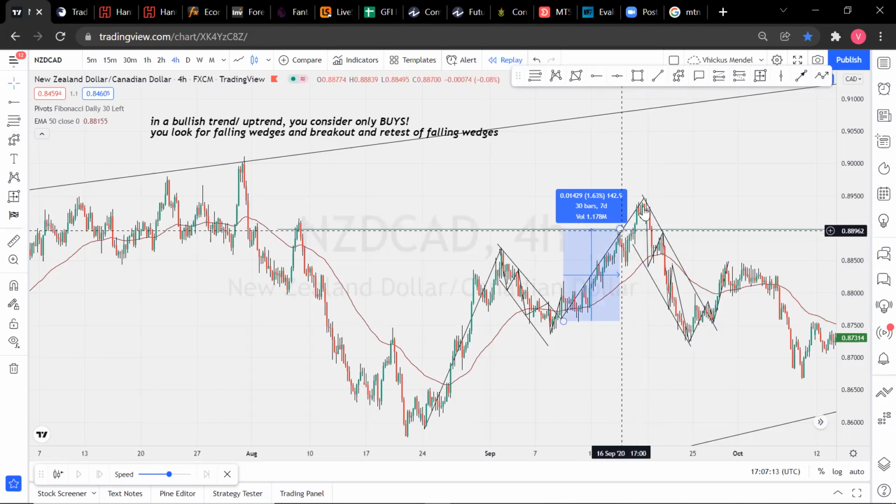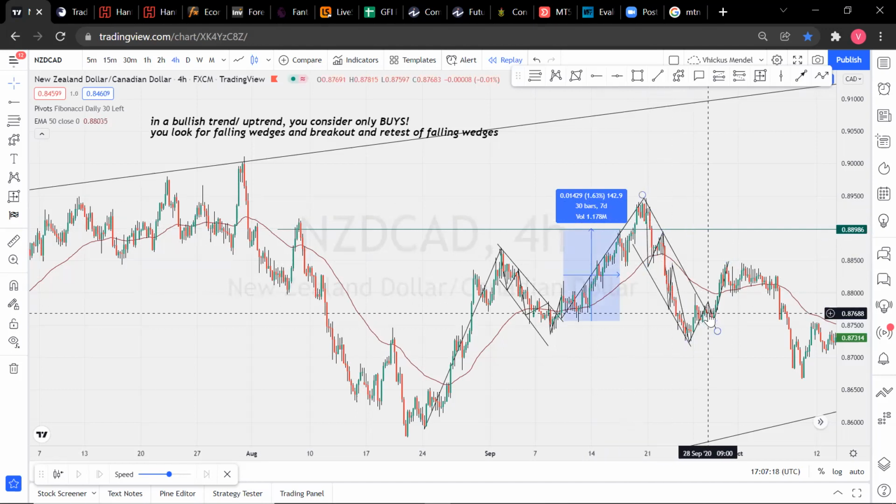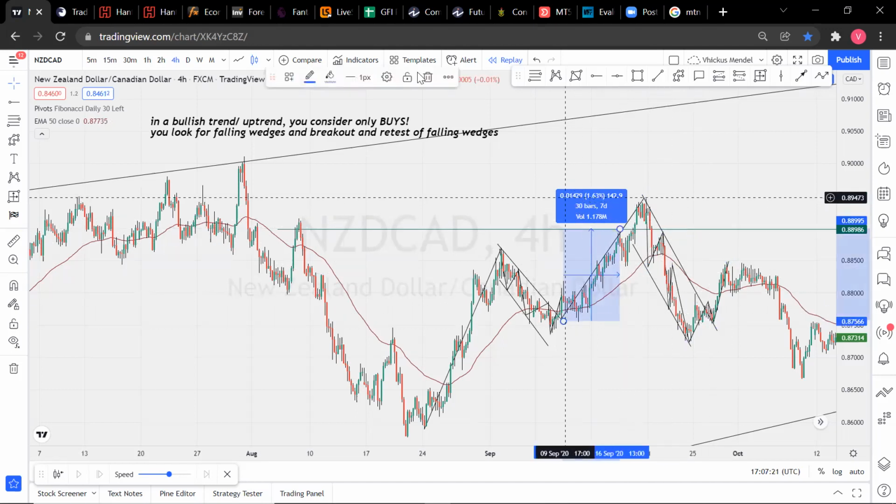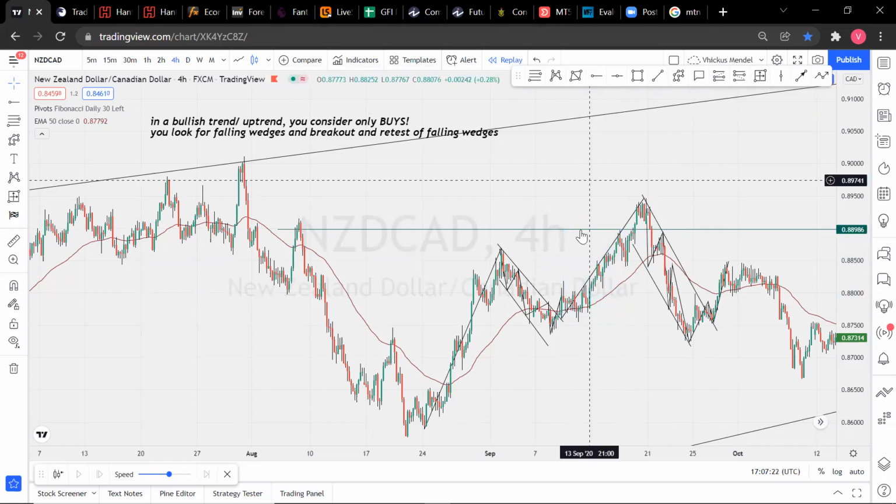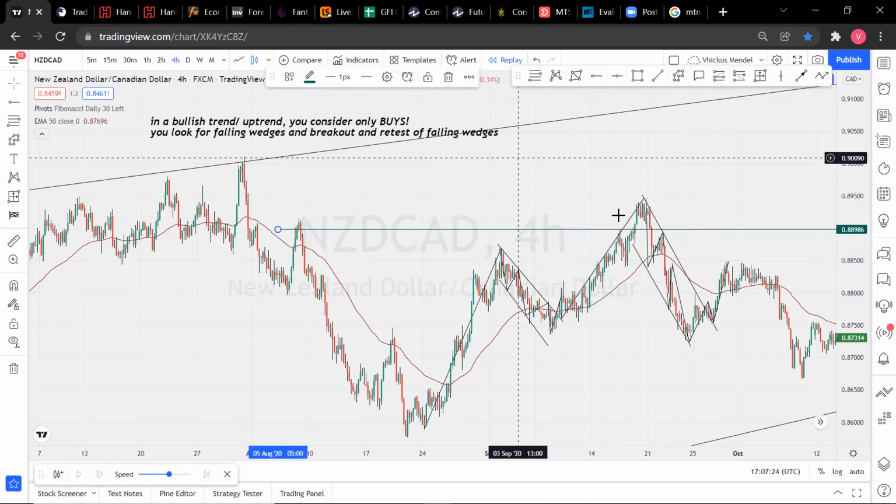Because once you exited, see how it started reversing again and then forming a correction, a pullback. So this one would have even been more than 50 pips. Yeah, it should have been more than 50 pips.